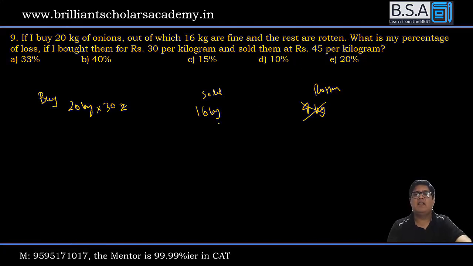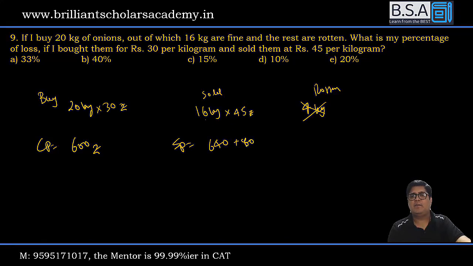While selling, these are being sold for rupees 45 per kilogram. So the cost price, the total expenditure, is 600 rupees, and the total selling price is 16 into 45. 16 into 4 is 64, so 640. 5 into 16 is 80.